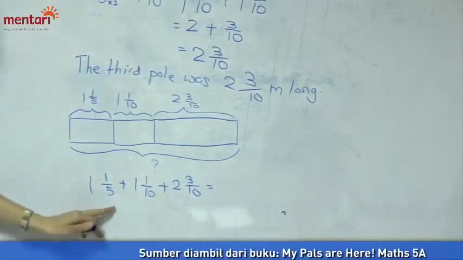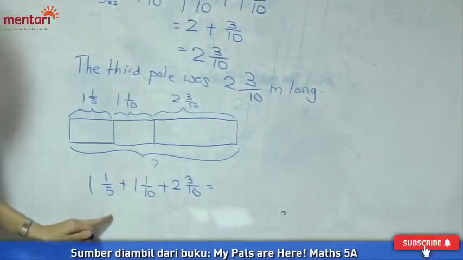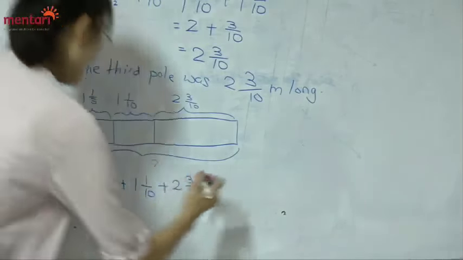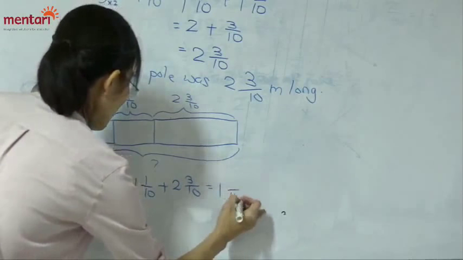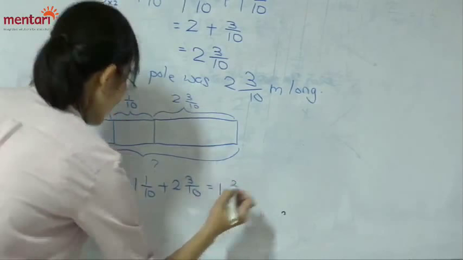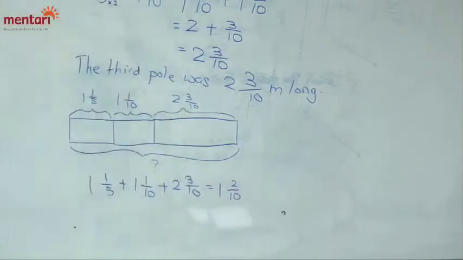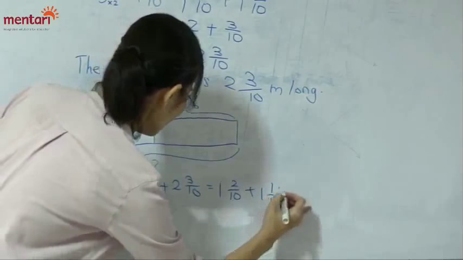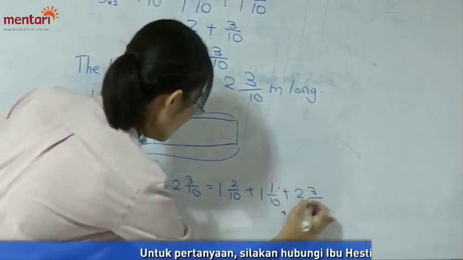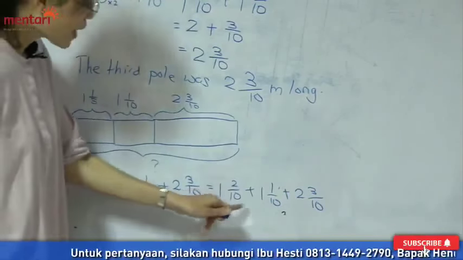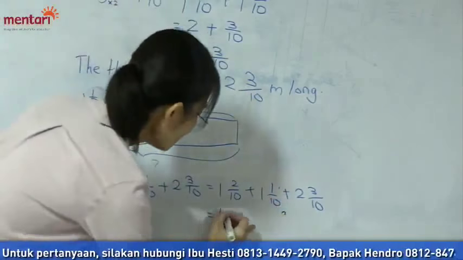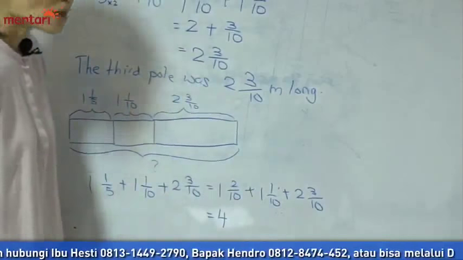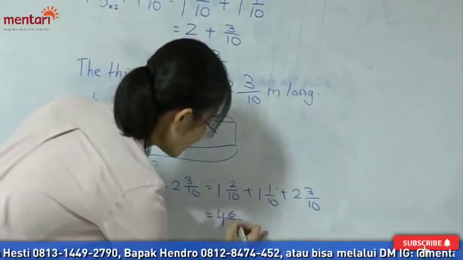Again, we are going to convert the denominator 5 into 10 before we can add the mixed number together. Whole number and whole number, 1 and 1 and 2 make 4. 2/10, 1/10 and 3/10 equals 6/10. 4 and 6/10.